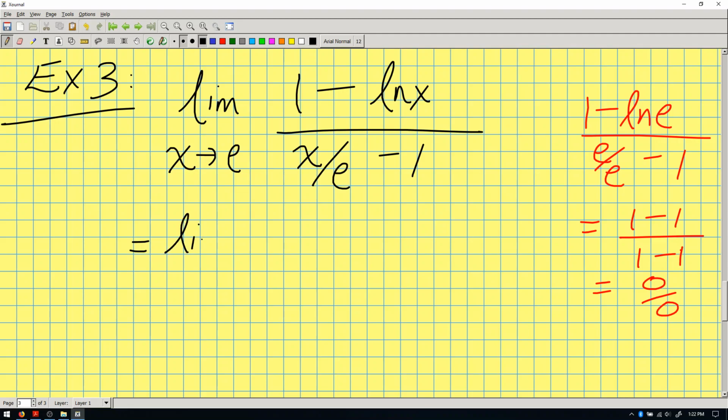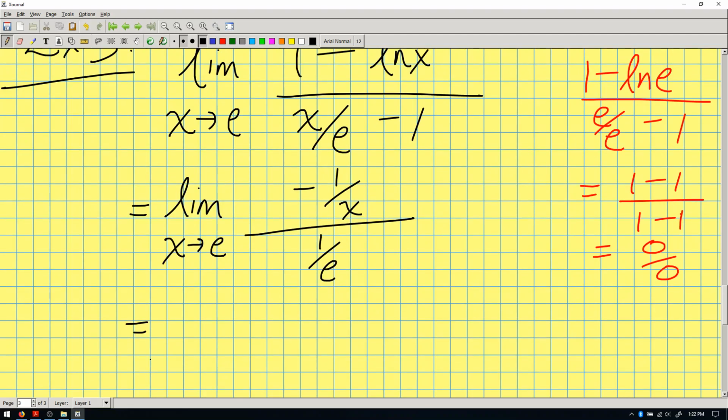If I take the derivative of the numerator, I get minus 1 over x. If I take the derivative of the denominator, I get 1 over e, just 1 over e. Remember, the derivative of a constant is 0.